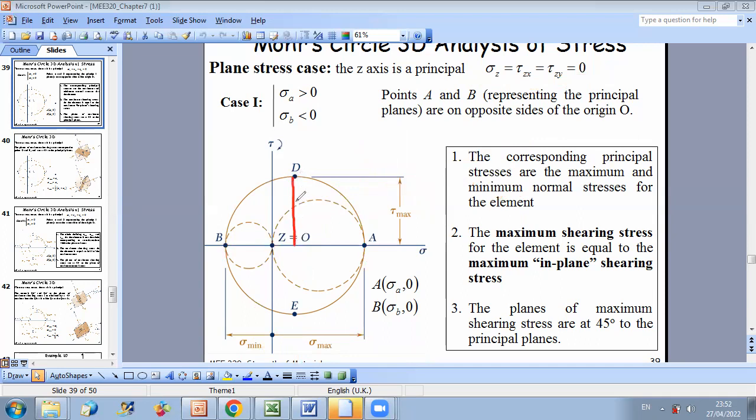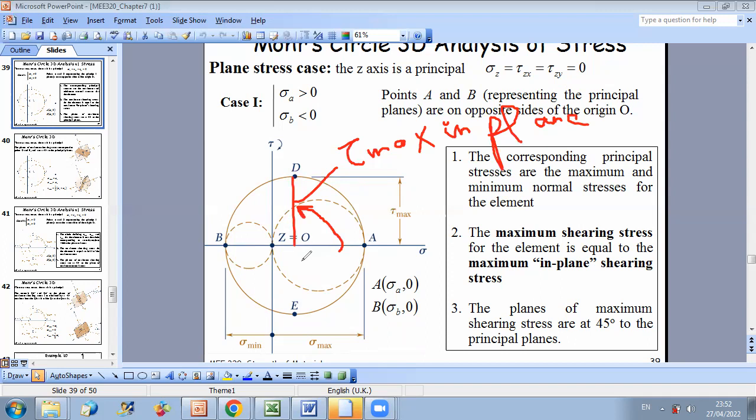So in this case, tau max, the maximum shear stress, is an in-plane shear stress, because I can obtain this maximum shear stress by rotating around the axis. So I am having a frame in plane AB characterized by a maximum shear stress. So this is called the maximum in-plane shear stress.